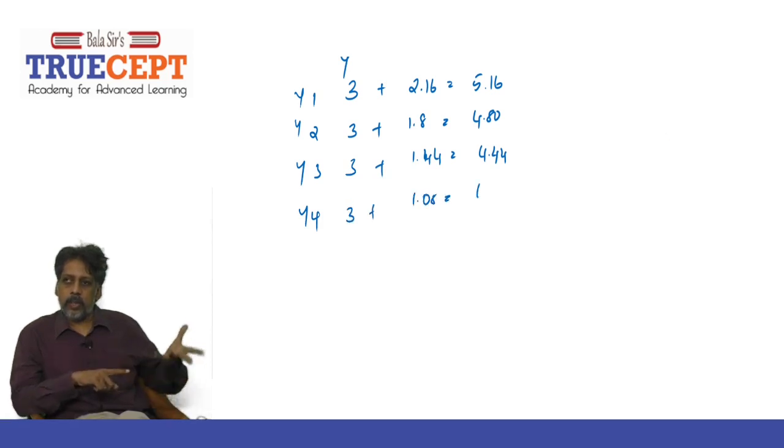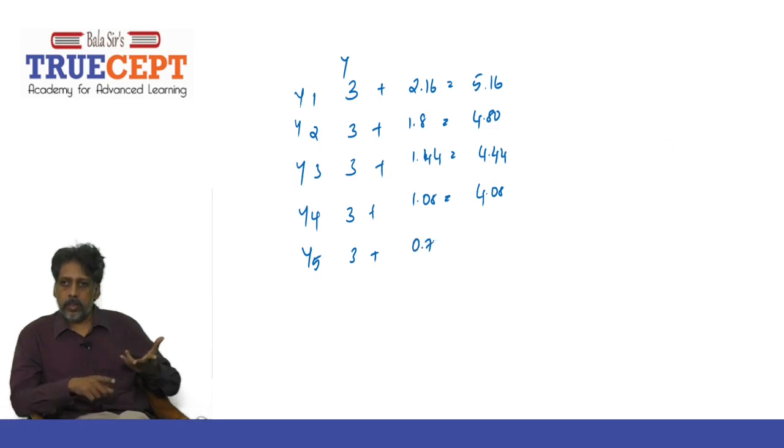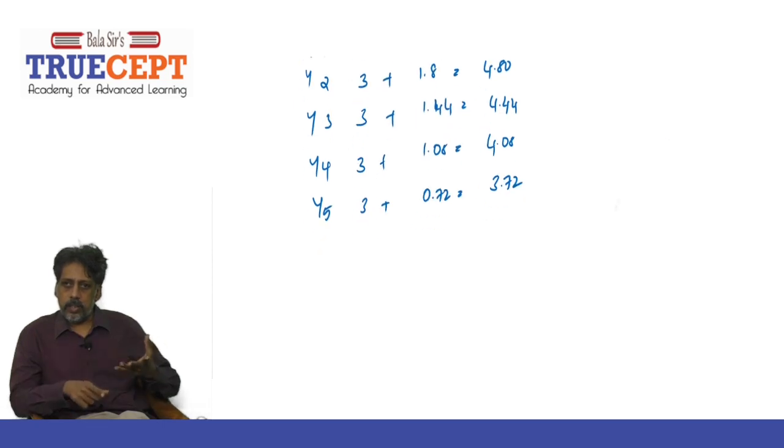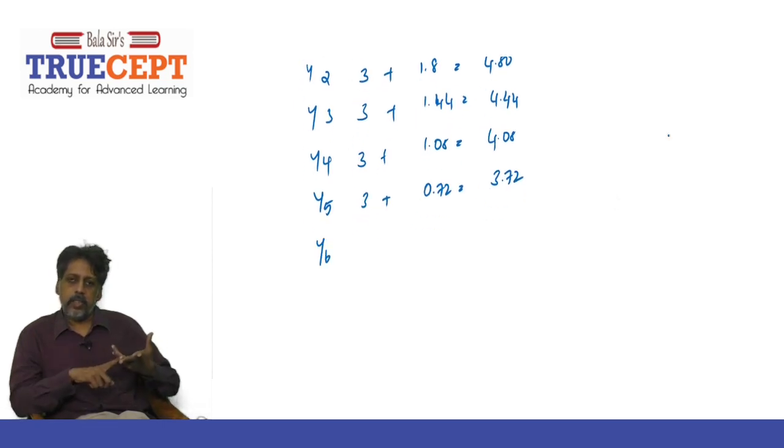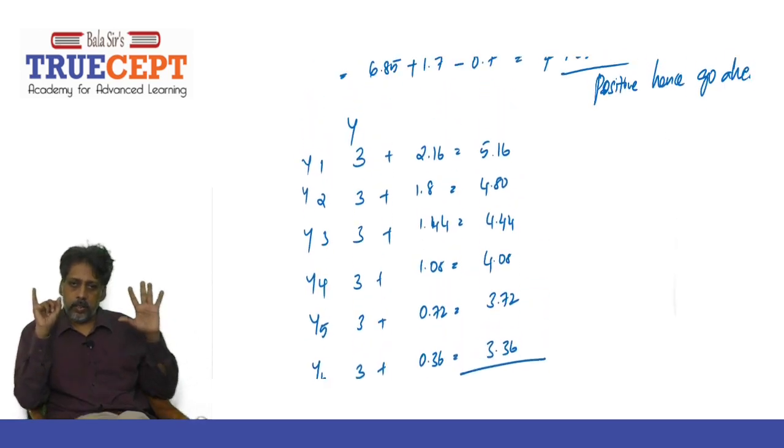Next year is 3 lakh and 72,000, in all 3 lakh 72,000. And last year, it is 3 lakh and 36,000 outflow. 6 years done.